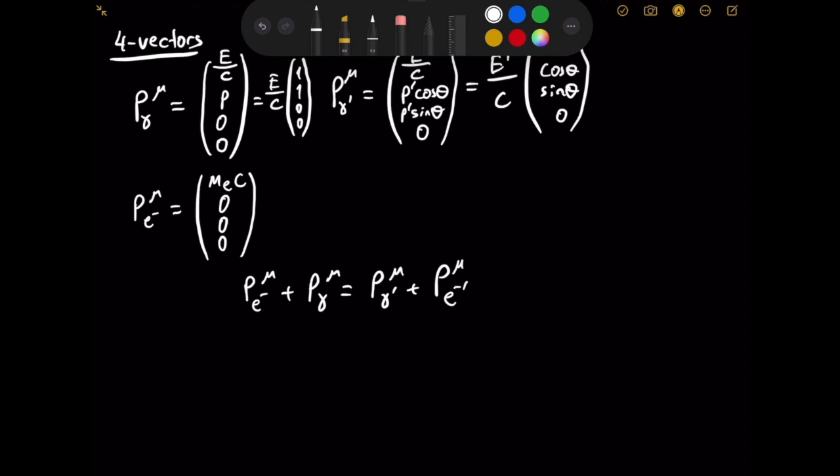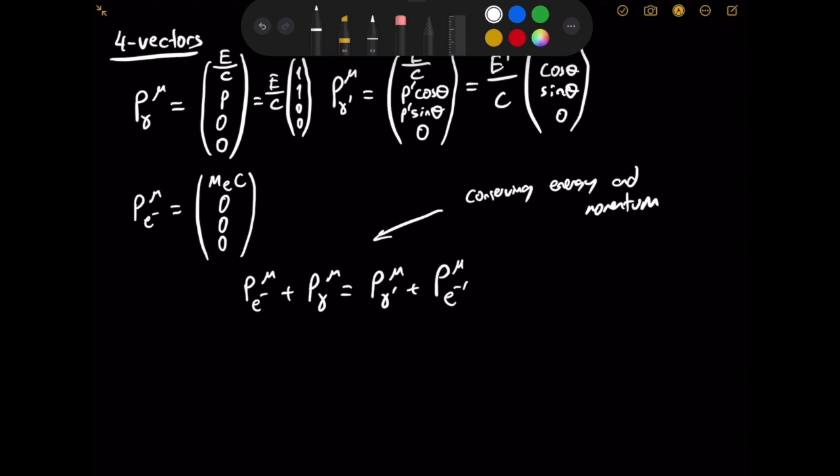This is just conserving energy and momentum, because each component of the vectors will need to be equal to each other after we sum them, and the first component has to do with energy and the other components have to do with the momentum, so we're conserving both energy and the momentum.